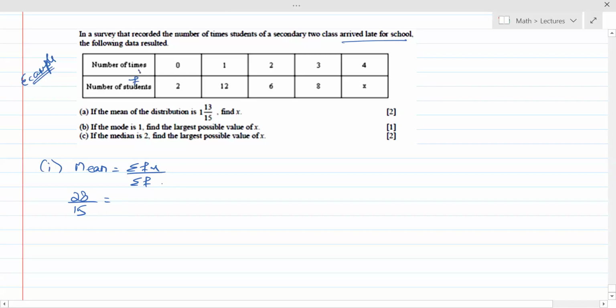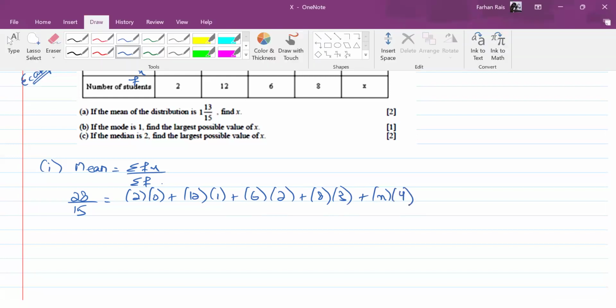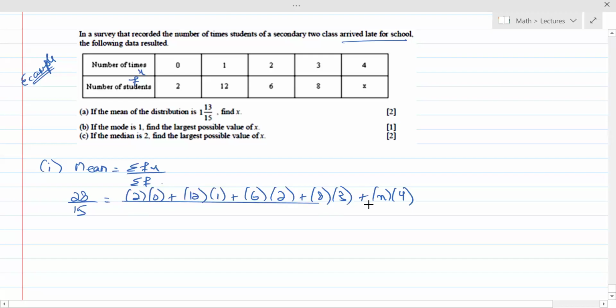This is f for us, this is x for us. So fx means it should be 2 into 0 plus 12 into 1 plus 6 into 2 plus 8 into 3. Last, it's x into 4. This completes the numerator.